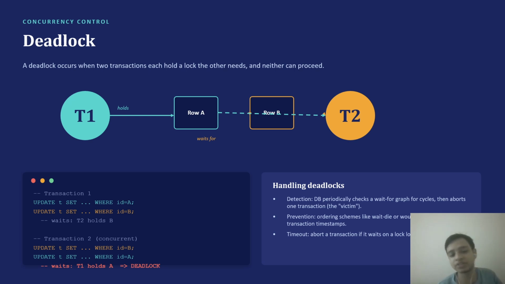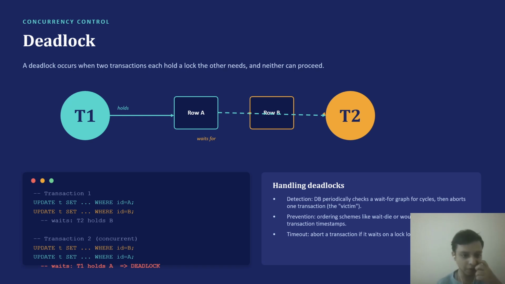Similarly with transactions, when a transaction holds a row and another transaction requests the row and waits for it, it becomes a deadlock. So here is a SQL example. It is updating data in a table, but it cannot proceed because T2 holds B. The same thing is happening with T2, so deadlock happens.